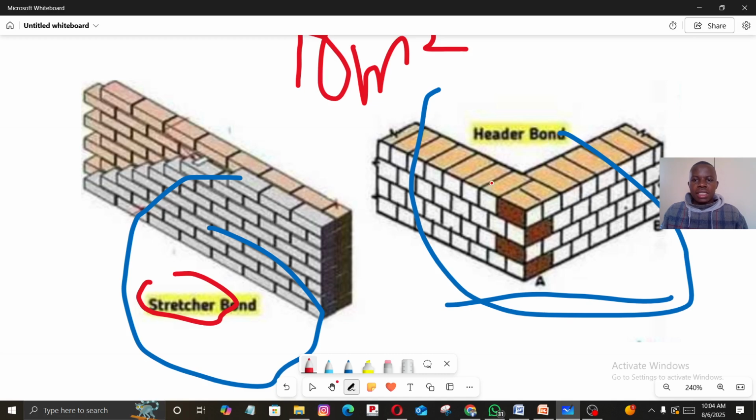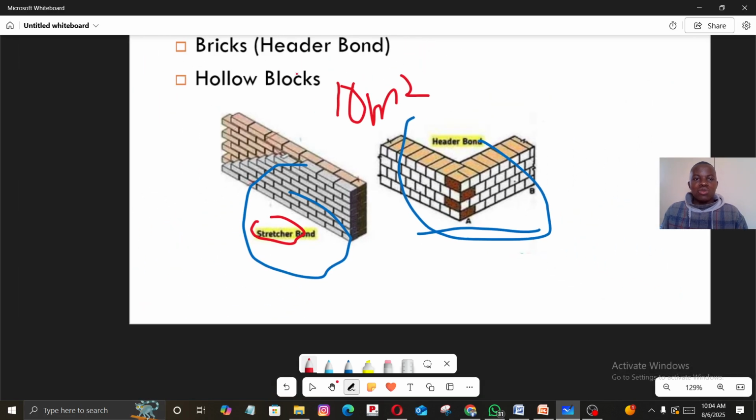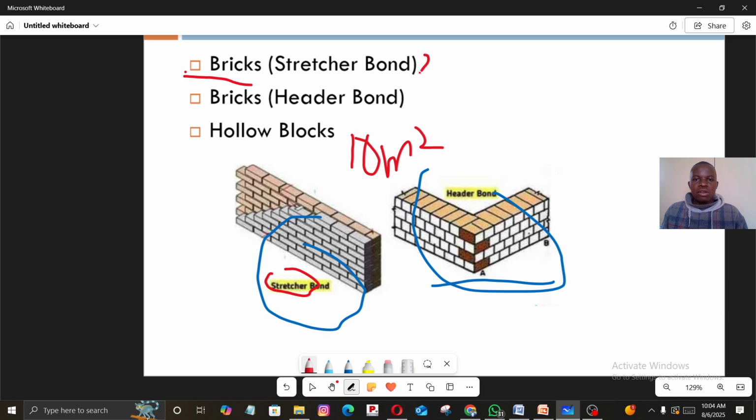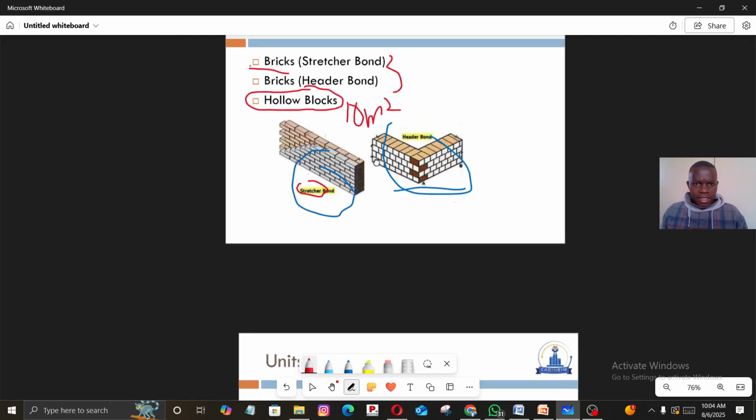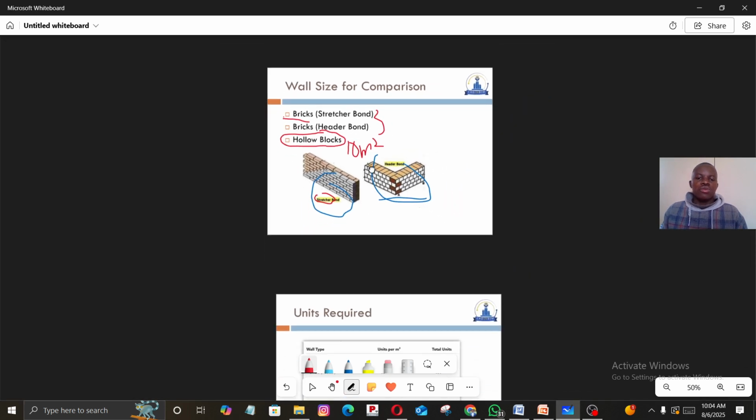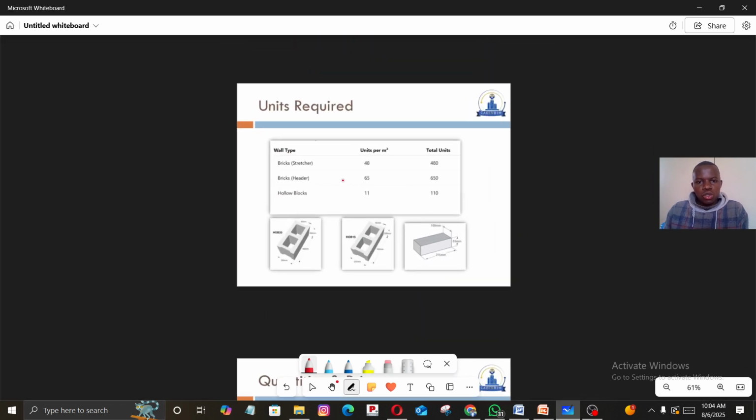So when it comes to brick, we'll have two scenarios to compare, and we'll also take the hollow concrete blocks and do a comparison on them.